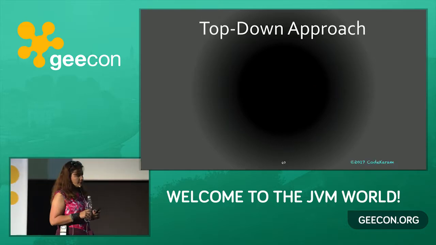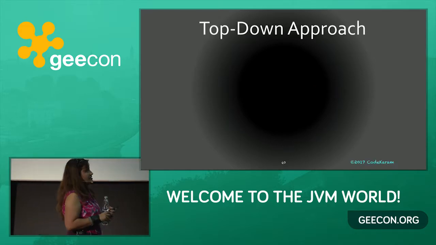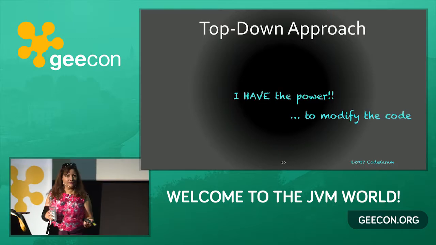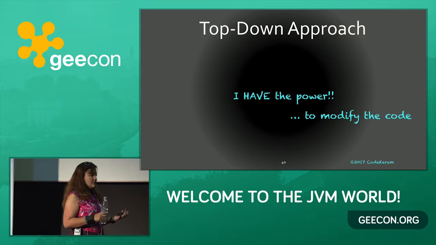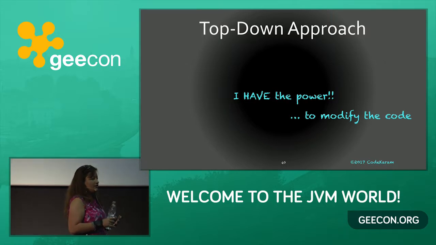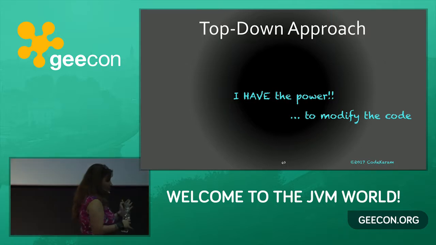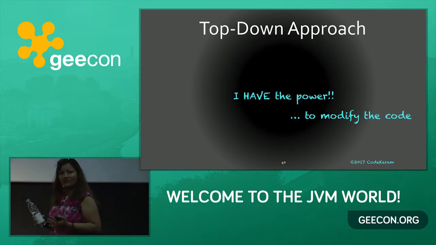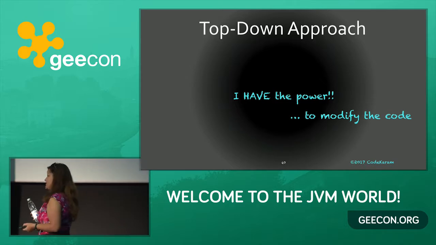I like to call the top-down approach the one where I have the power to modify the code, right? Many times people don't understand that. People think, oh my gosh, I have to tune my application, that means I have to look at all these different things. But you can also modify your code, and that's all right because you have the power to do it.